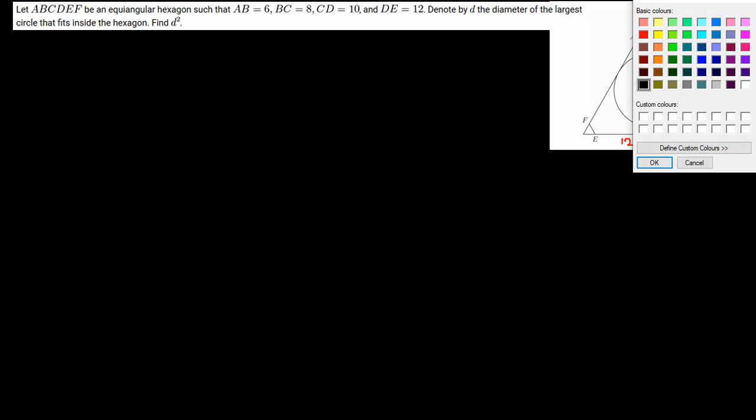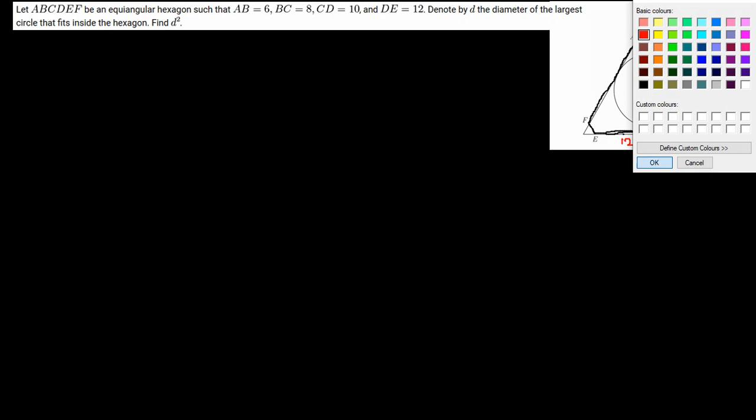Now let me just highlight the hexagonal part. See, this is the hexagonal part. 1, 2, 3, 4, 5 and 6 sides.